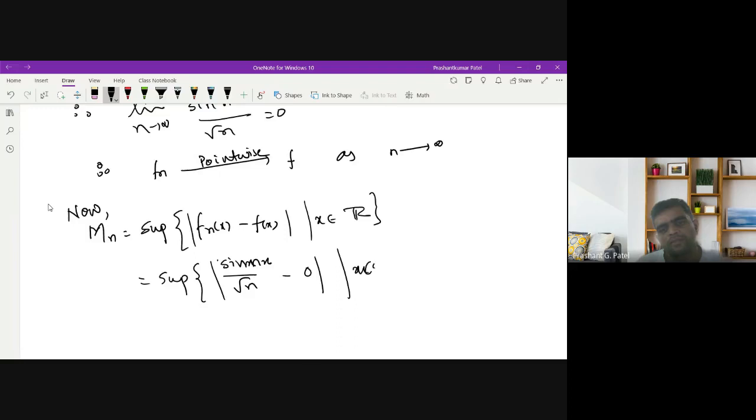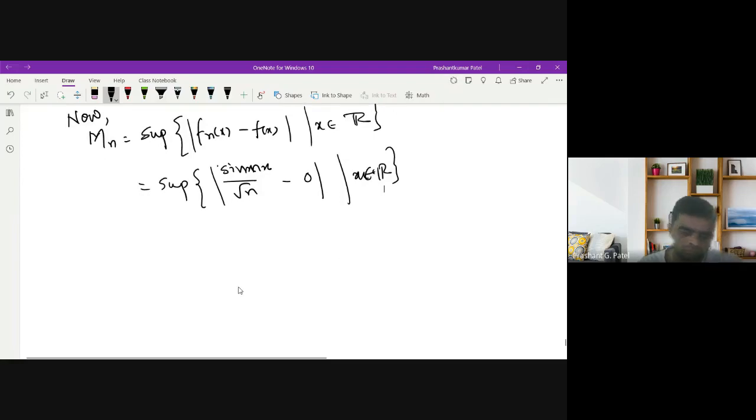The supremum depends on sin nx, and the supremum of sin nx is 1, because the sine function is always between -1 and 1. So this is 1 upon root n, that we can definitely say.